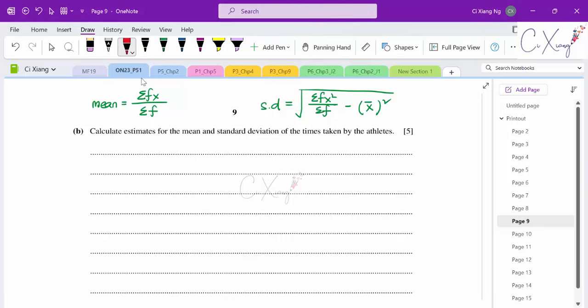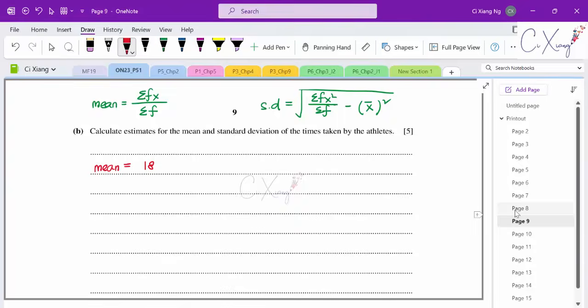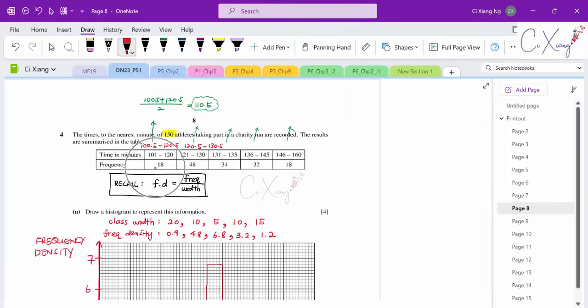Okay, so we'll start the calculation for the mean. To calculate the mean, I will need to take f multiplied by the midpoint. My frequency for the first class is 18. Please refer back to your original table. So the frequency for the first class is 18, multiplied by the midpoint 110.5.